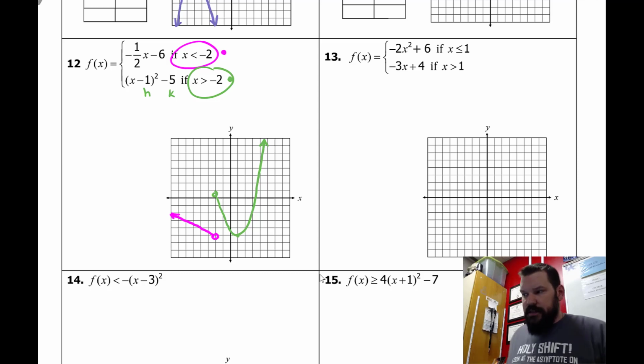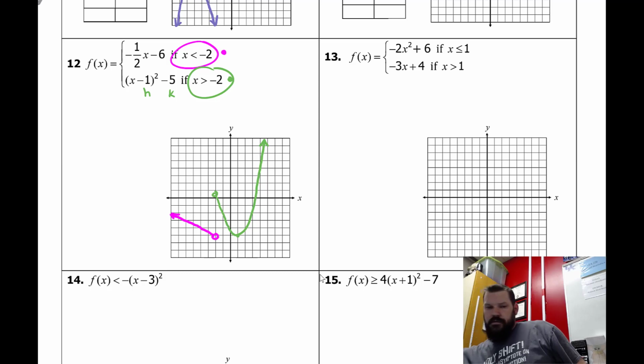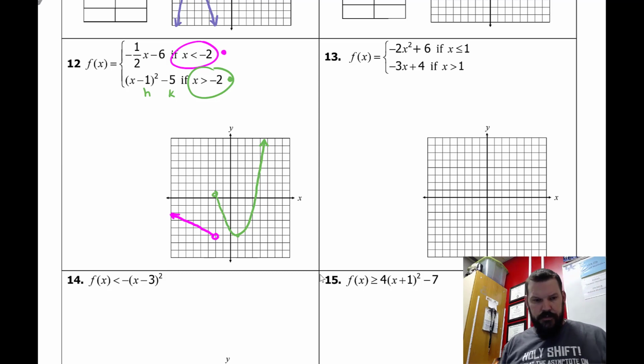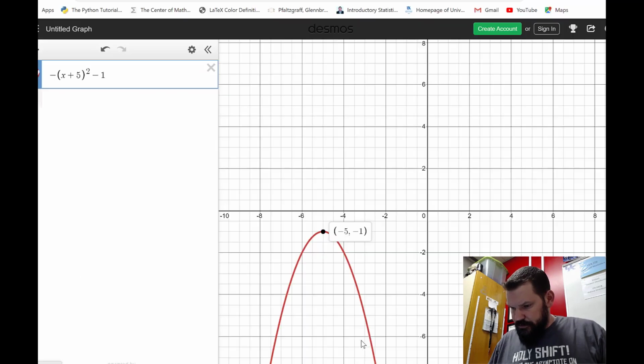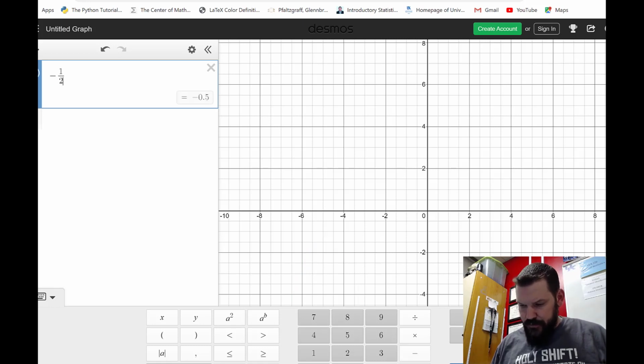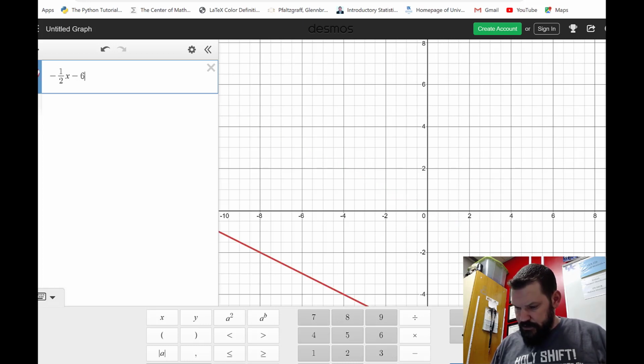Let me make a note of this, and I'm going to go to Desmos and graph it so that you can see how to do the inequalities on Desmos as well. -1/2 x minus 6.